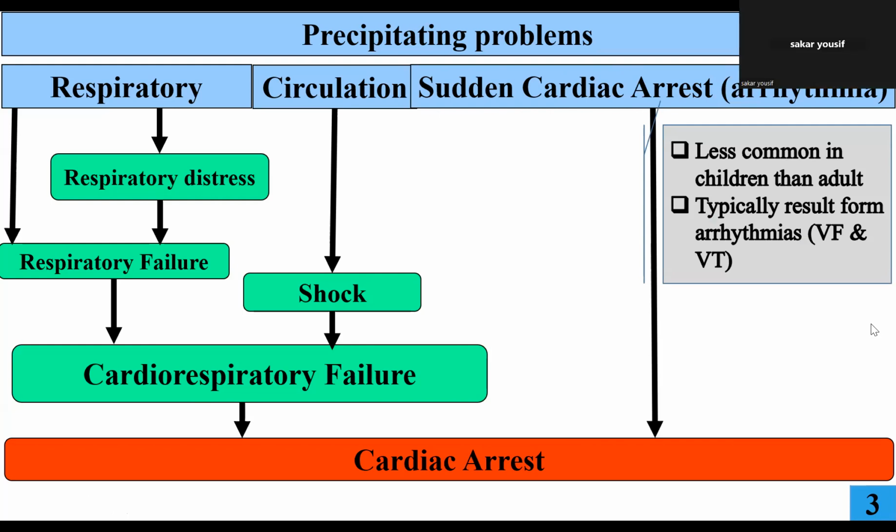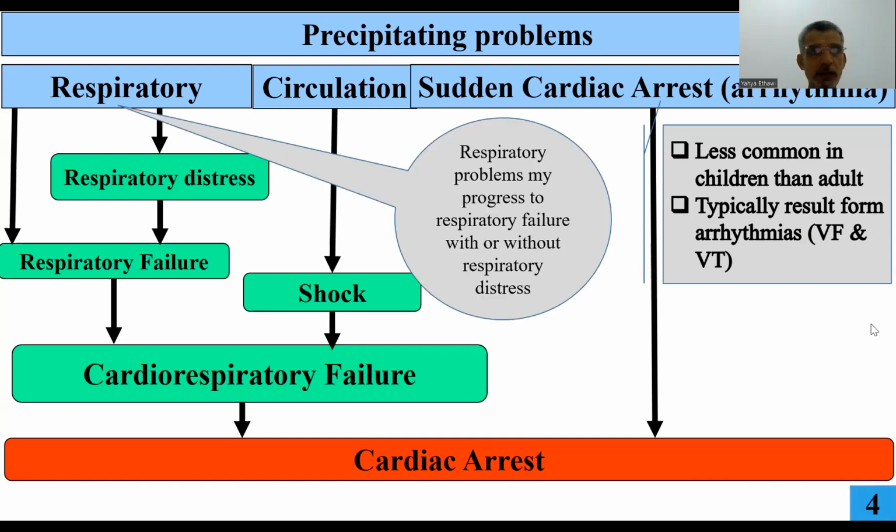Cardiac arrhythmia, or abnormal rhythm, causing cardiac arrest is very rare in children, less than in adults. If it happens, it's usually either VF or VT. So we have respiratory, circulatory, and sudden cardiac arrest.